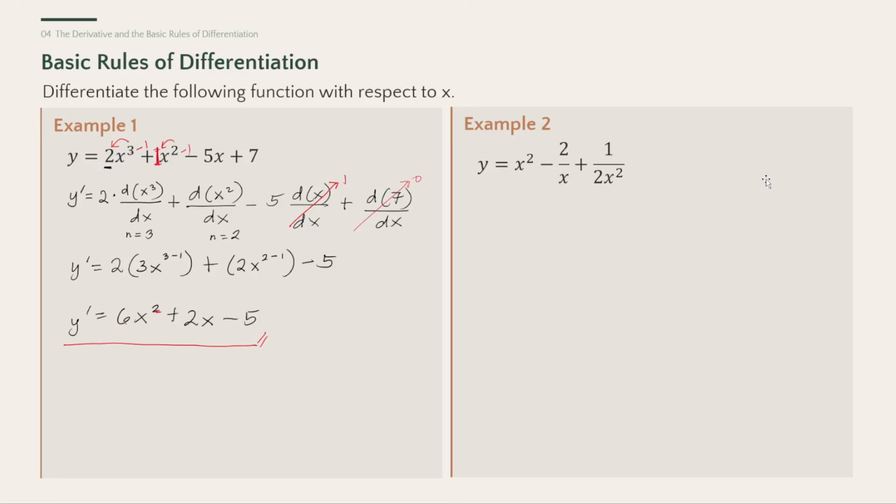Next, we have example number 2. In this example, we have a term wherein the variable is on the denominator. Now, most of the time, when we say fractions, just like this one, the first rule that comes to mind is the quotient rule, because again, this is actually a quotient.